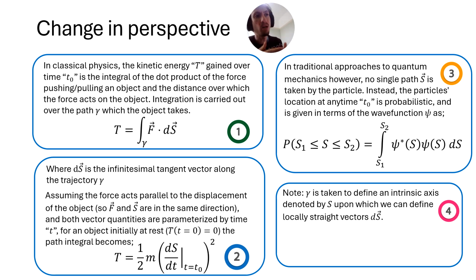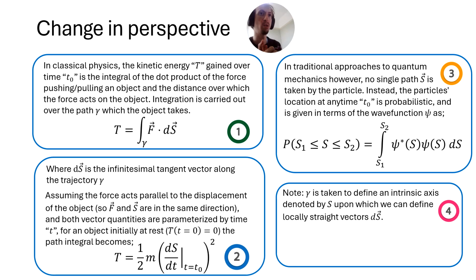So we can think of our curve gamma as being intrinsically flat, like intrinsically straight, with no intrinsic curvature. Now that's a very technical note but worth putting, but it essentially allows me to consider S as an axis which is perfectly straight, just like the axes we are more used to dealing with, such as the x-axis or the y-axis.